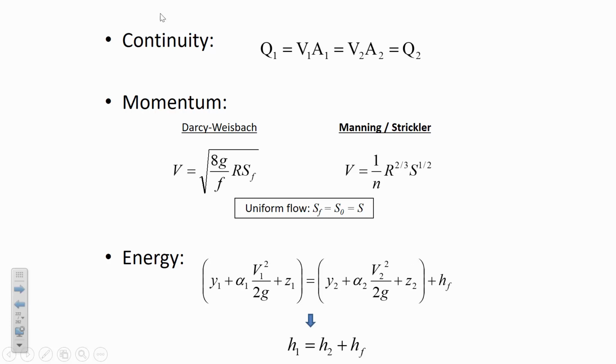Okay, so the continuity equation, the momentum equation, and we could use the Darcy-Weisbach equation in open channel flow, but it turns out that there's an even simpler approach that's pretty accurate. The Manning equation has a fixed roughness value. This N value is similar to how in the Hazen-Williams equation there's just a single C value that applies regardless of the flow conditions.